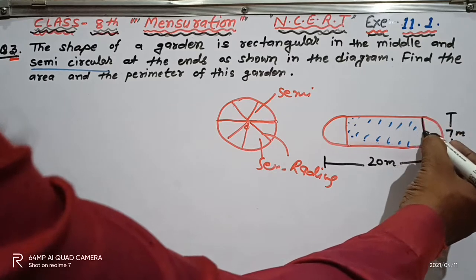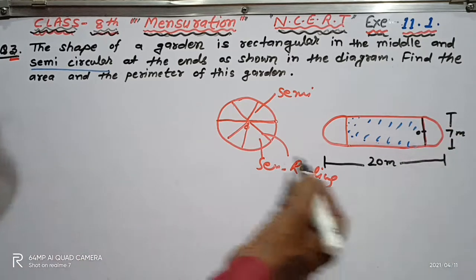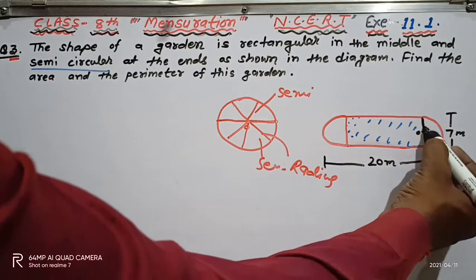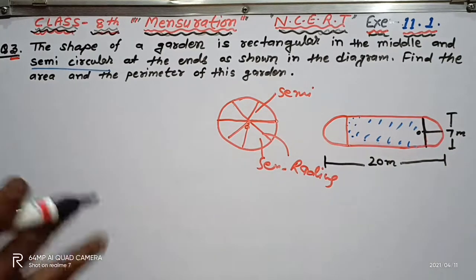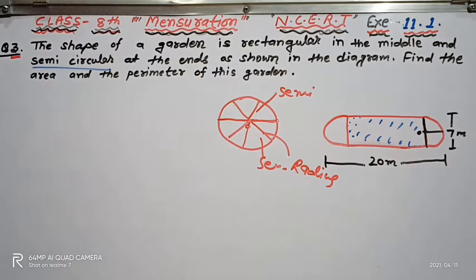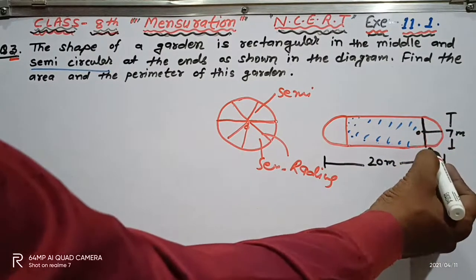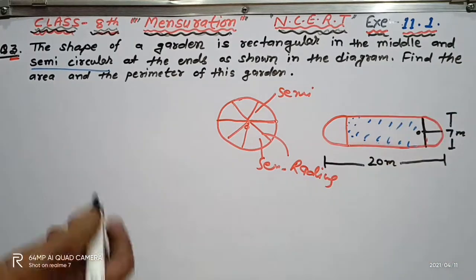If the center is the point O, then this will be equal to this, and whatever distance will be there will be equal. That is the radius. All together, if it is 7 meter, then what will be the half of this? All together this is called its diameter.